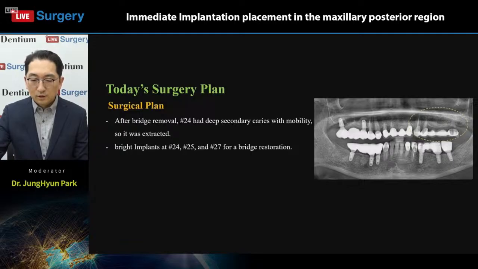Although significant alveolar bone loss was observed, there was no mobility because it was connected by the bridge. Therefore, we discussed with the patient that we would evaluate the prognosis of tooth 24 after bridge removal, and then establish the final treatment plan.